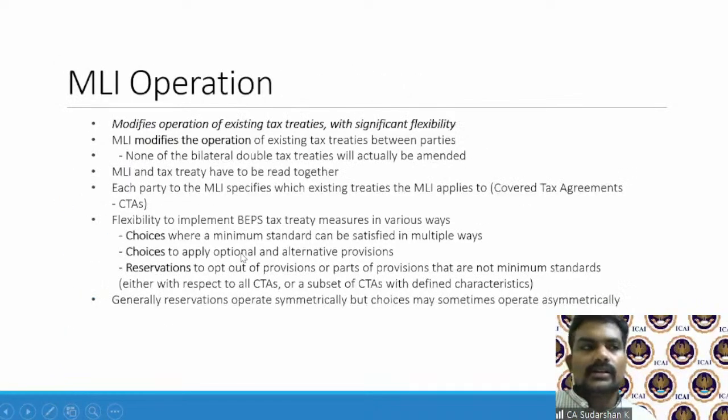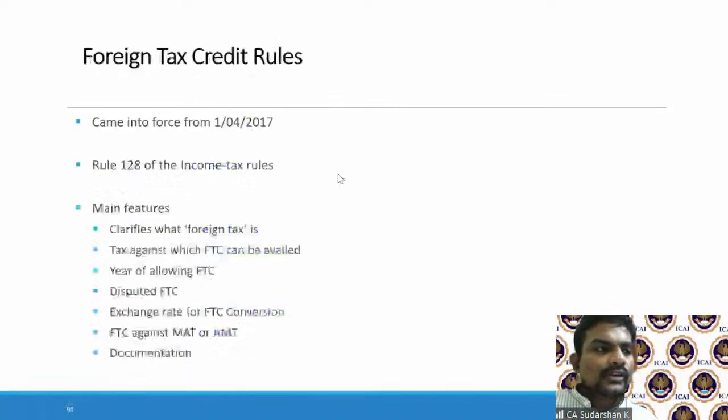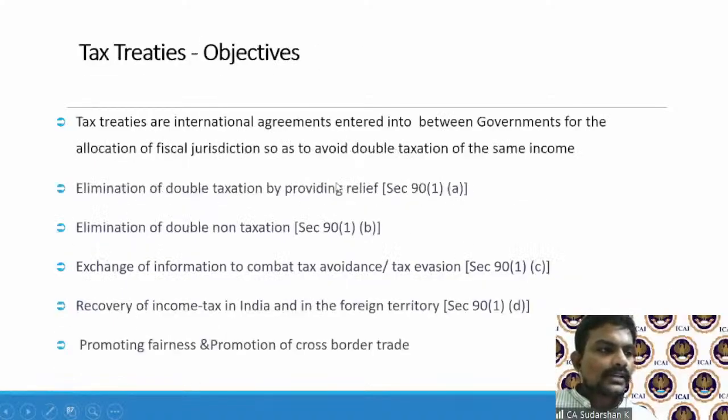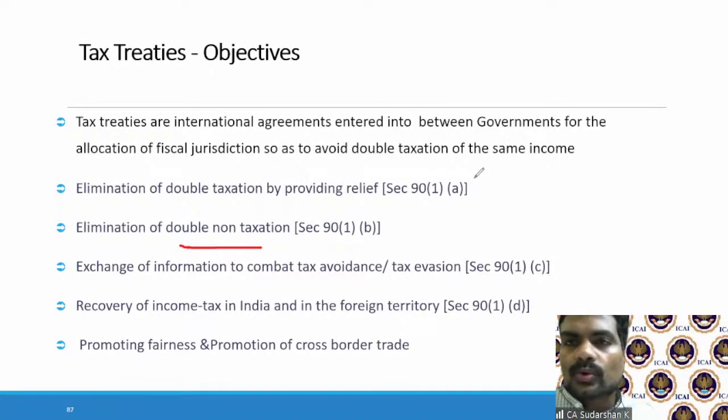Not getting into it. But one very significant last bit on the double tax relief, which we already touched upon here, is Section 91B, elimination of double non-taxation. All this while, we have seen how to get relief under double taxation, because the objective here was a single tax principle.